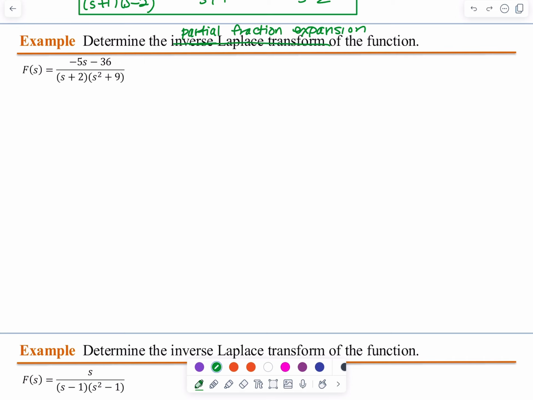So we can go ahead and write this as a over s plus 2 plus we'll have b times s, since alpha is equal to 0, and since we have beta equal to 3, so we have s squared plus 3 squared.